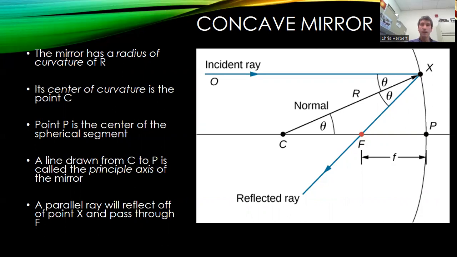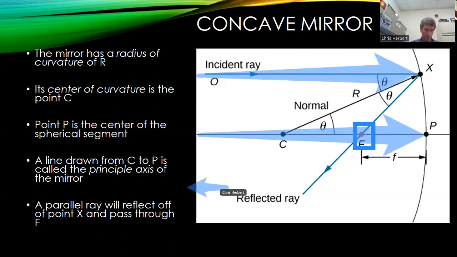Now, in defining how the mirror operates, one thing that's going to be very, very important is something called the focus. The focus is basically the place where, if we have an incident ray coming parallel to the mirror, the incident ray will converge or reflect back into the focus.